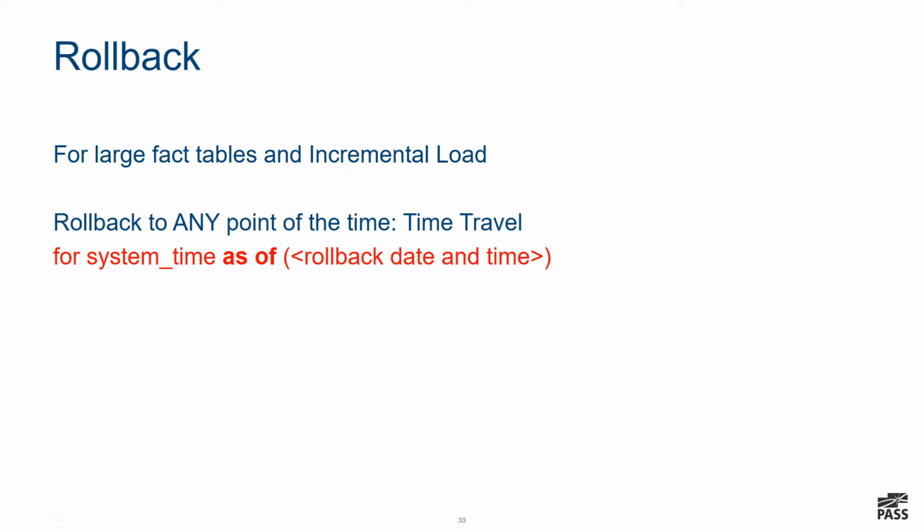And it won't affect the performance of querying from my data warehouse, because when I query my data warehouse, I just query the most up-to-date records, which are only in my main table. If I want to roll back, then I go to my historical table, right? And what I have to do to time travel to any point of time is just this simple statement that says FOR SYSTEM_TIME AS OF that time and date for rollback, right?